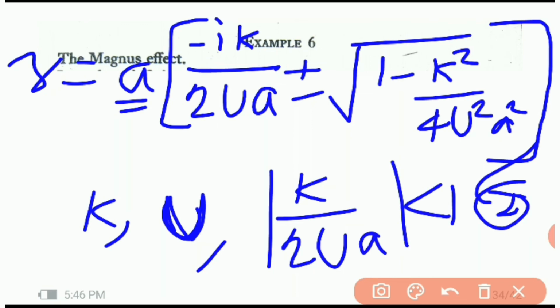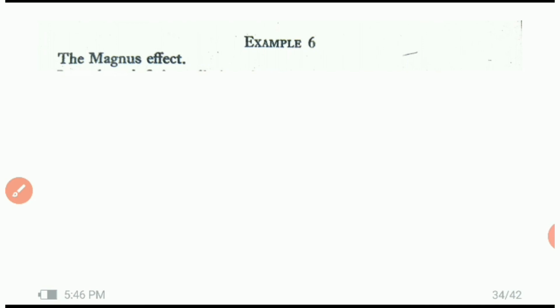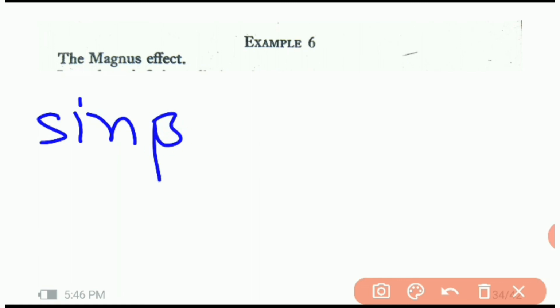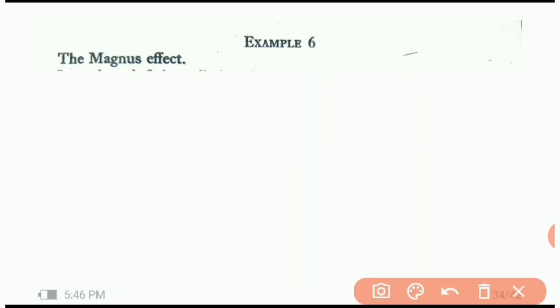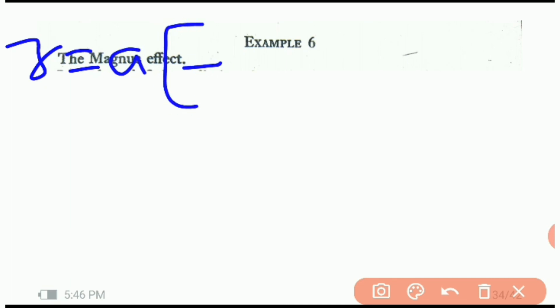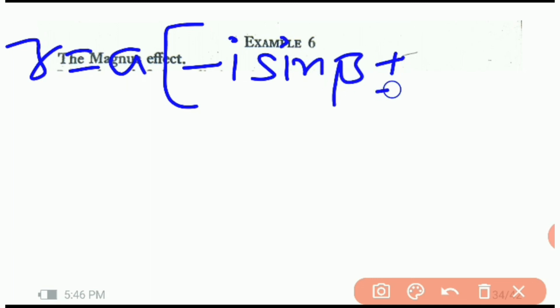Then we can find the real angle beta such that sin beta is equal to k upon 2ua, and the two stagnation points are given by z is equal to a in bracket minus i sin beta plus or minus cos beta.